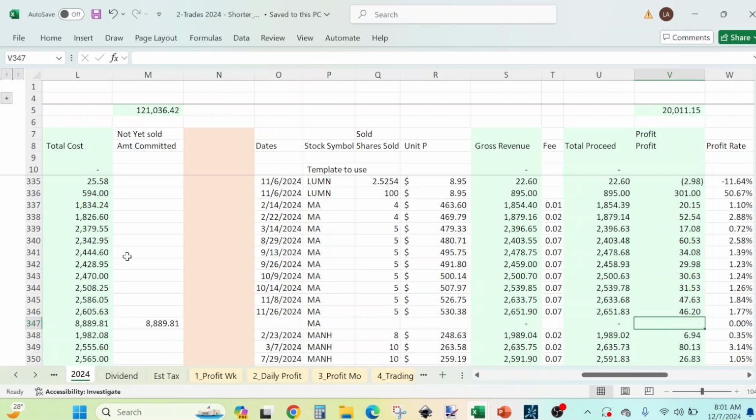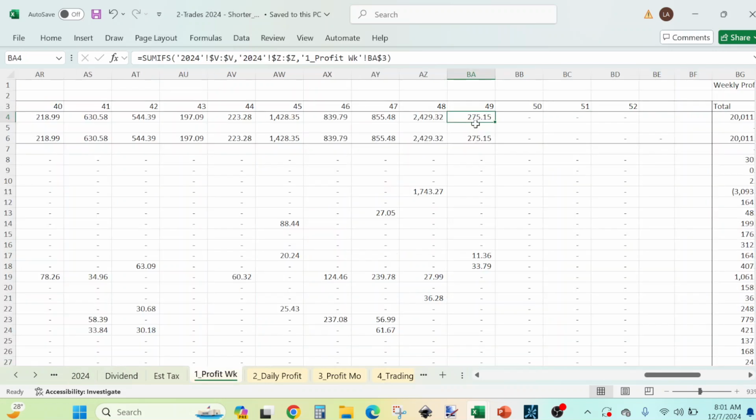Based on that, we sold stock this week for profit, and we necessarily didn't buy those stocks this week. There are some we bought in June and we sold yesterday, and it will be included in this profit, and that gave us 275.15 for that week.